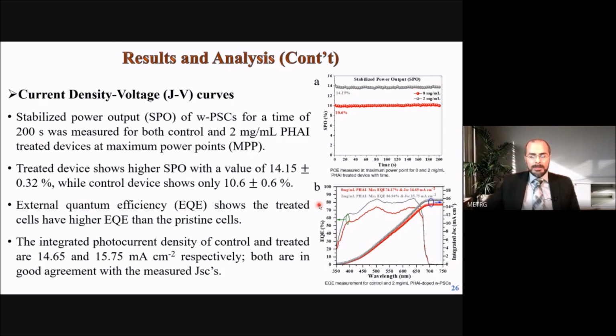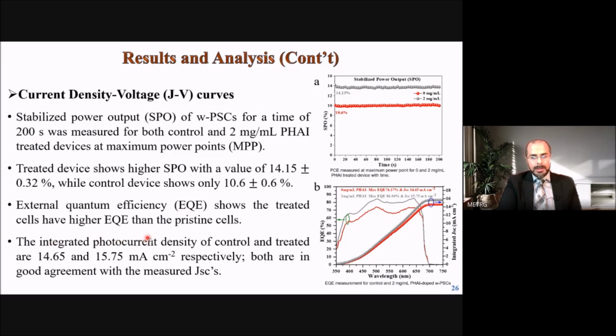When a photon from the sun hits the material, it frees an electron, and the electron becomes a charge within the material. So we need to know how many electrons we generated. For the sake of example, if 100 photons hit the surface, how many of them were successful in generating electrons or holes within the material?